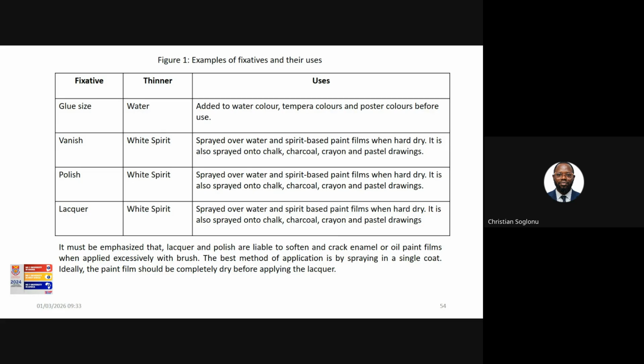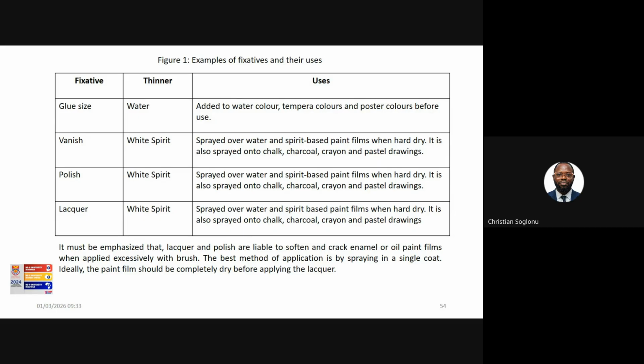With blue size, we have water added to watercolor, tempera colors, and poster colors before use. Varnish, thinned with white spirit, is sprayed over water and spirit-based paint film when hard and dry.